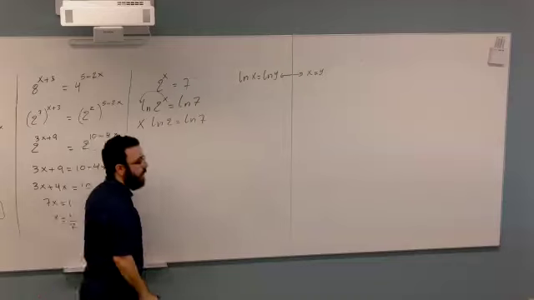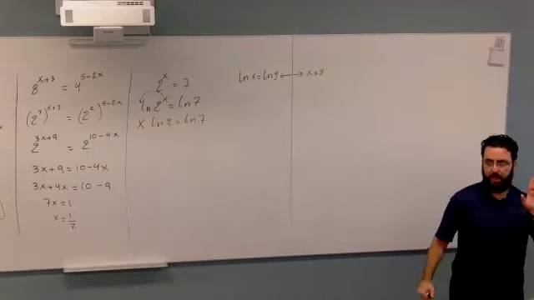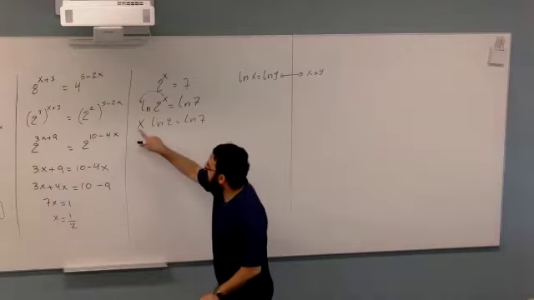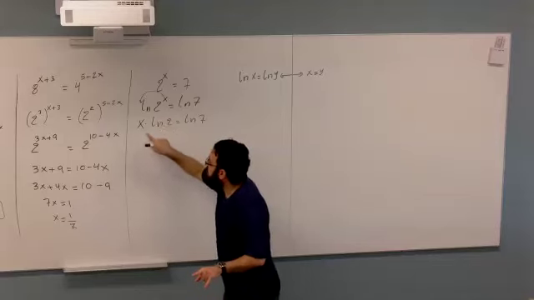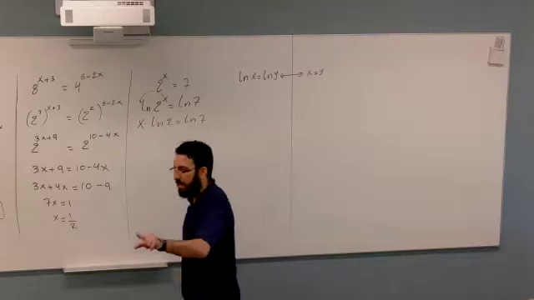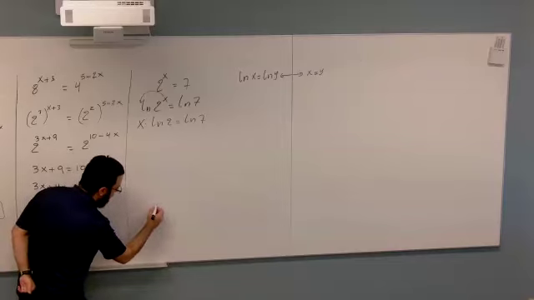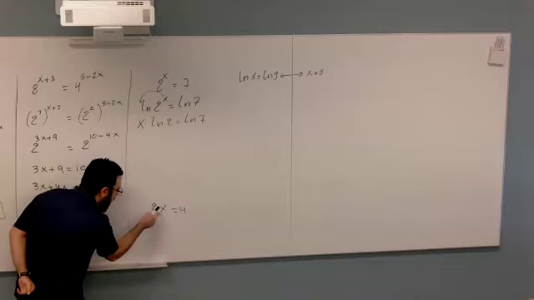Ln 7. Now our goal is to find what? The value of x. What's the last step? What's the operation between x and the ln? Multiply. So if I need to keep the x by itself, what am I going to do? I'm going to make it easier. Look here. If we have 2x equals 4, I need to keep the x by itself.